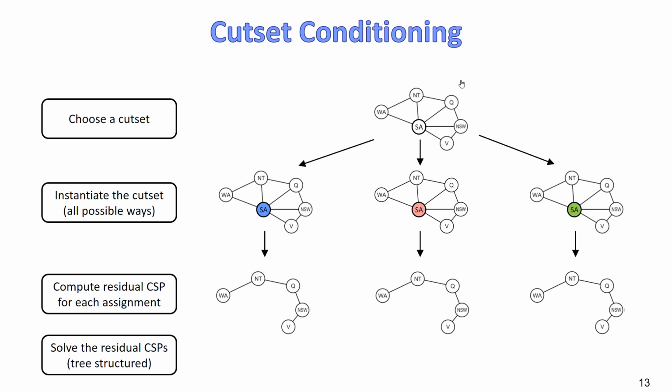Yani, if we have two nodes that are in the cut set, then you have to try all possible combinations of them. Yani, instead of having 3 values here, you might have 9 possible values. Sorry, not none, 9. I meant 9. 9 possible values. Okay, and you try each one in sequence, because you will have to assign a pair of values to these two variables.